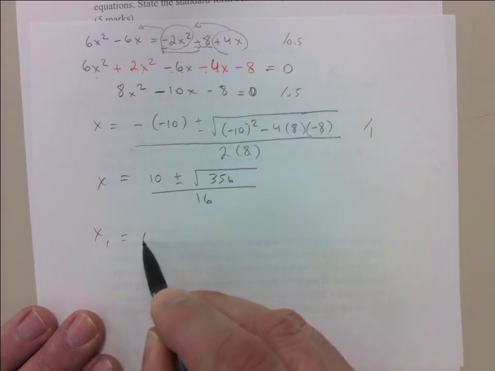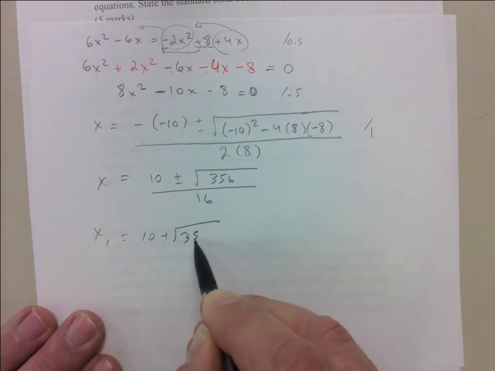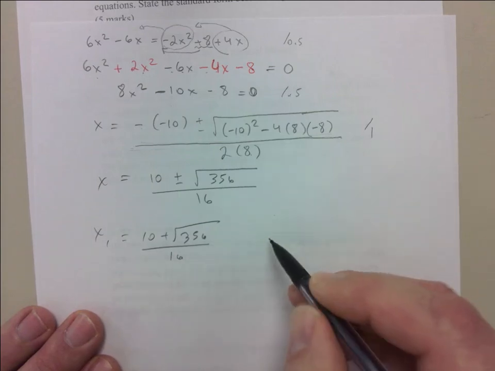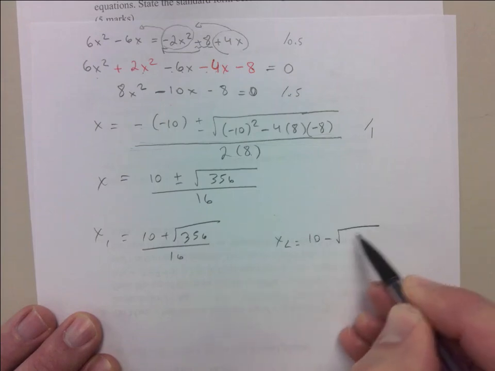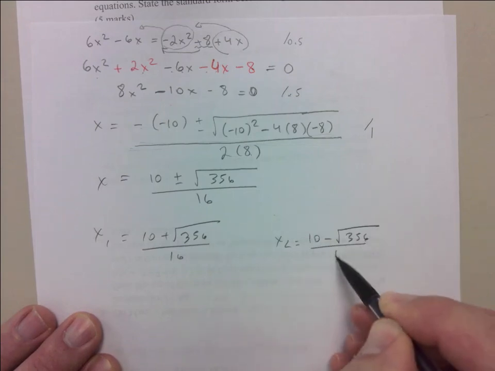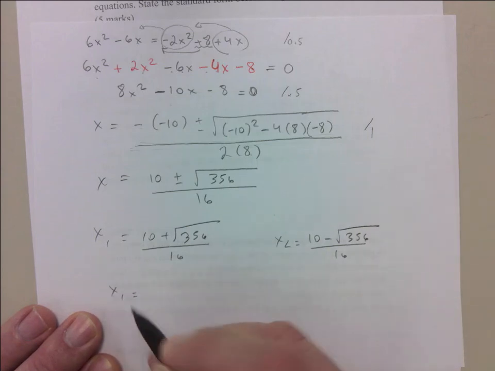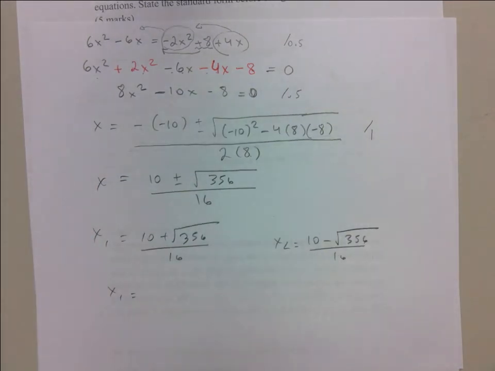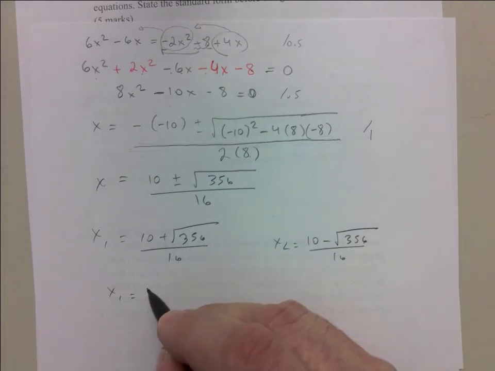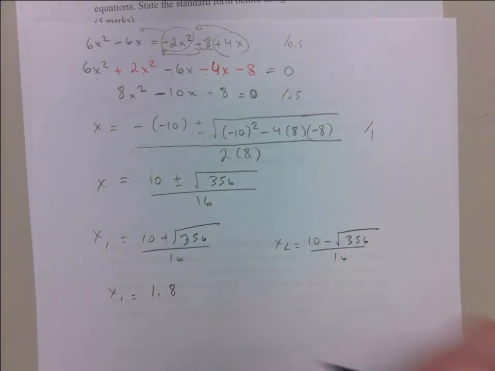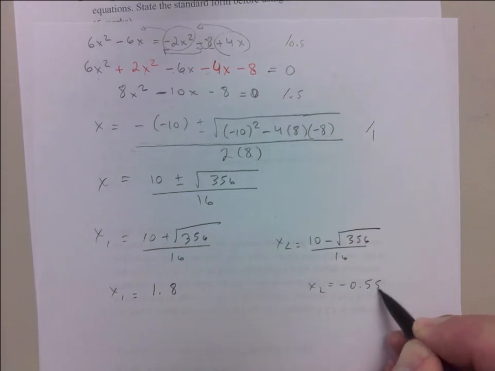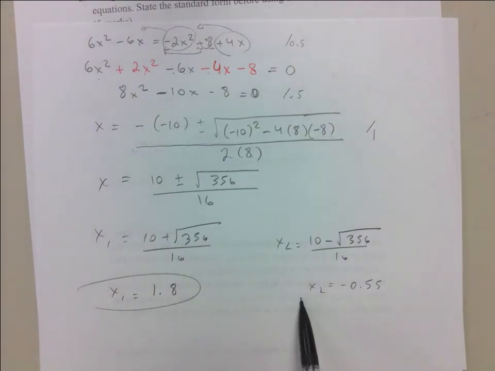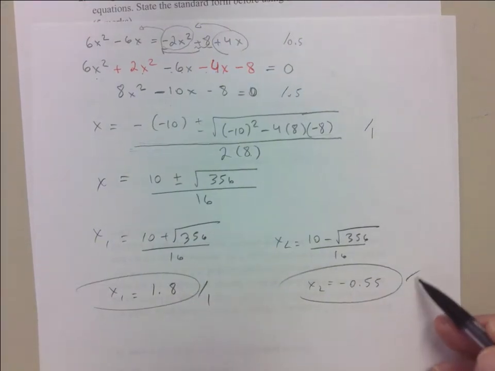Root 1 is 10 plus root of 356 over 16. And root 2 is 10 minus root of 356 over 16. And I'm just going to give you the answers here. This one is 1.8, and this one is negative 0.55. 1 mark for each.